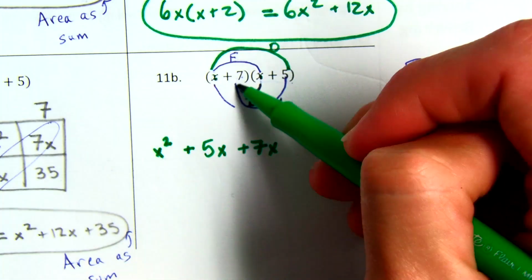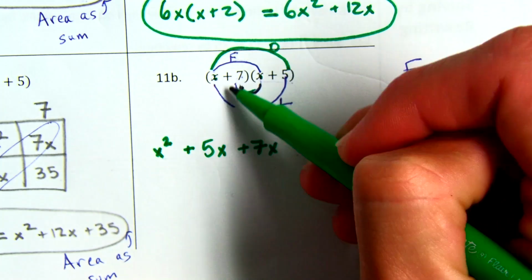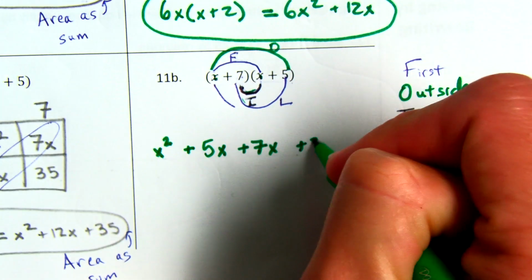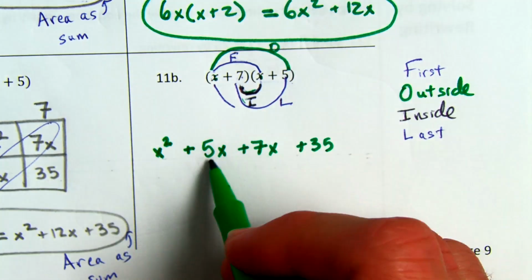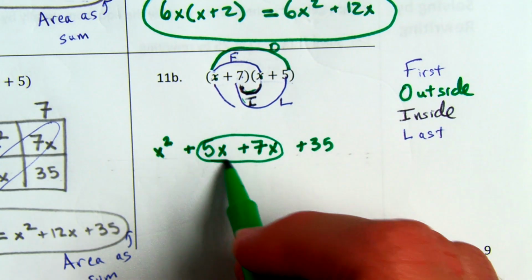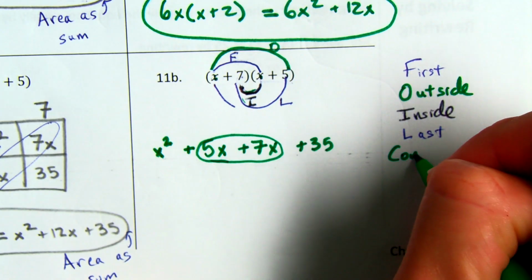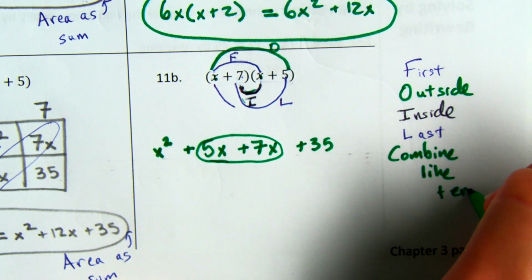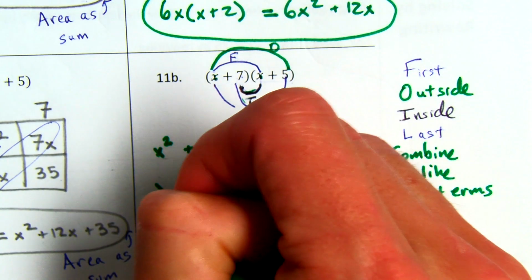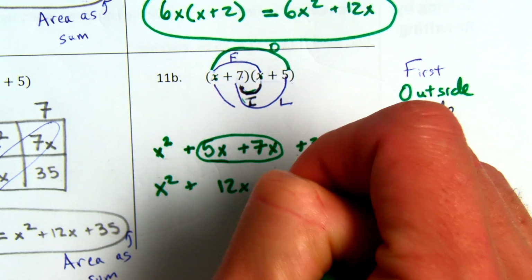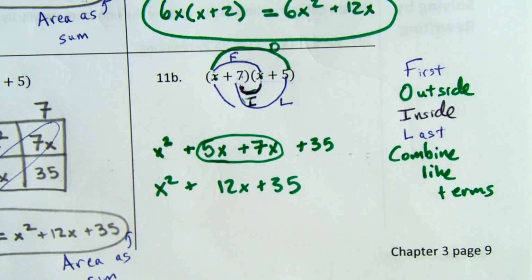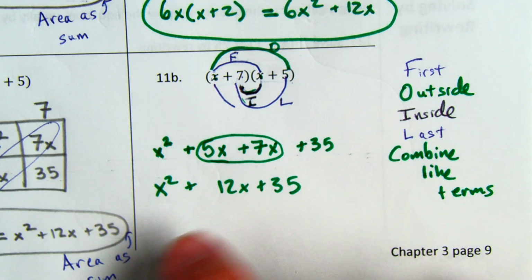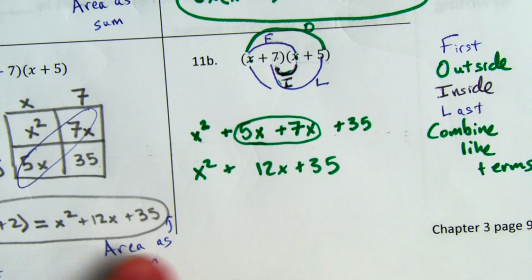Then we have the two last terms, 7 times 5, and that is 35. Combine like terms. And that's going to get you x squared plus 12x plus 35. Alright, so while I'm getting whiteboards, please write the area as product equal to area as sum.